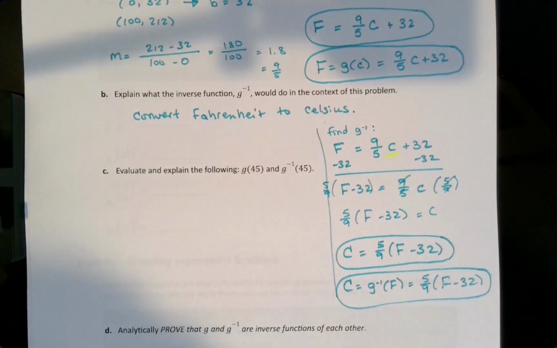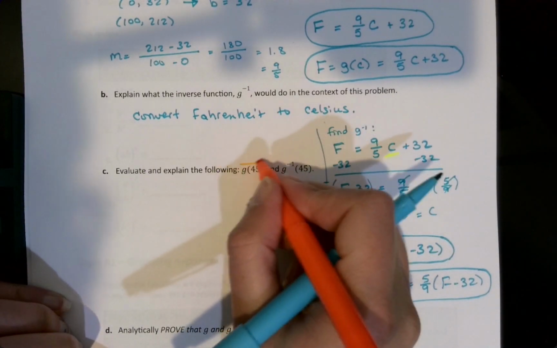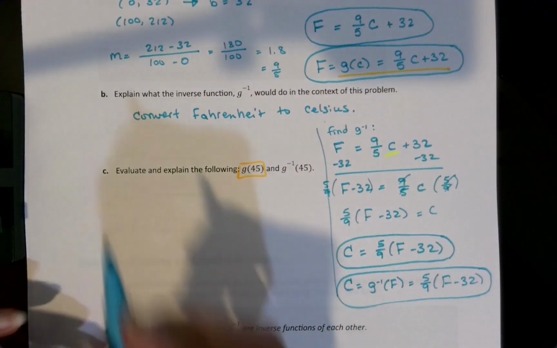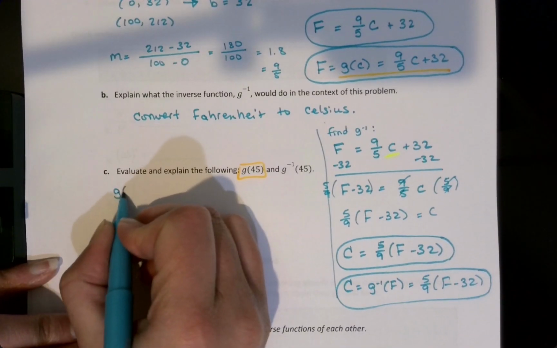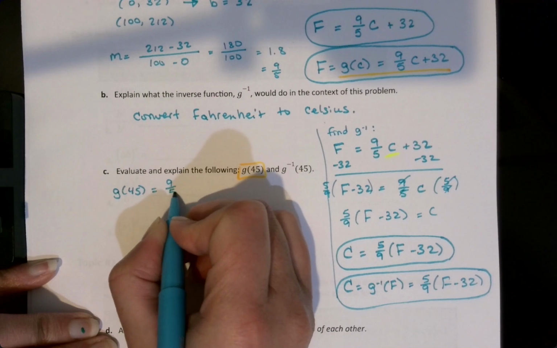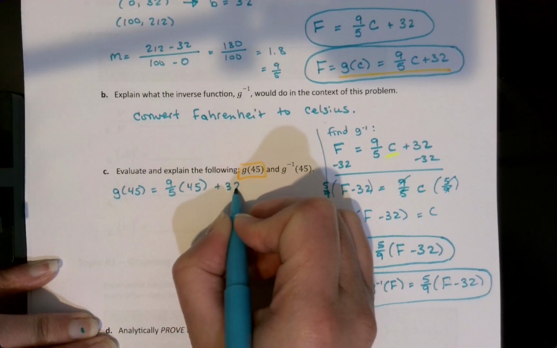There we go. Now that we have the correct notation in here, since they're asking us about g of 45, g of 45 is going to be using the original function g. Will be equal to 9/5 times 45 plus 32.